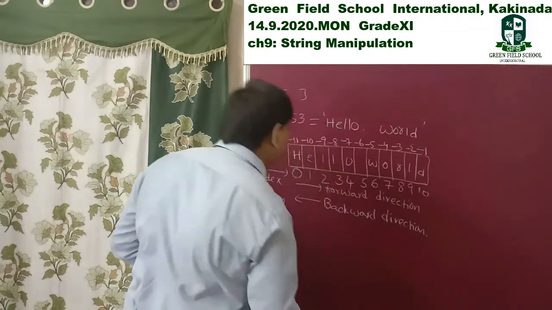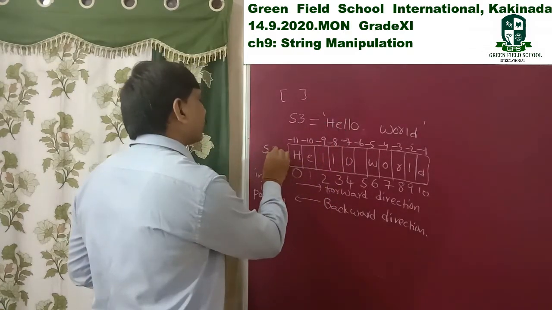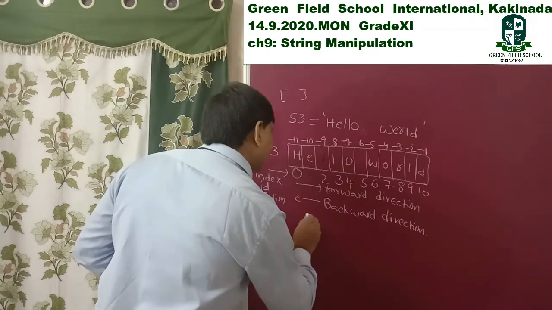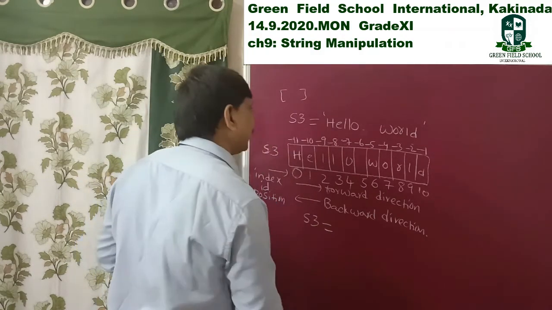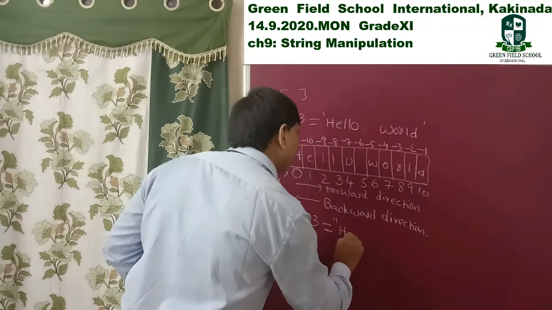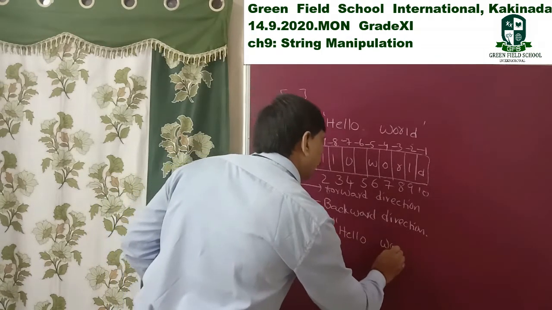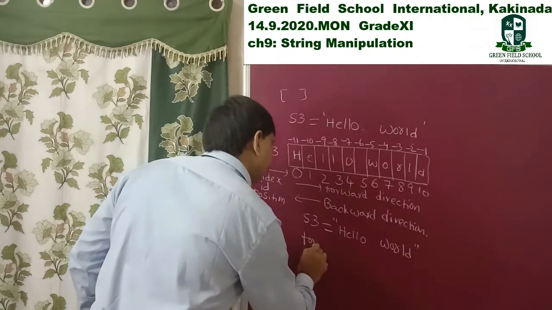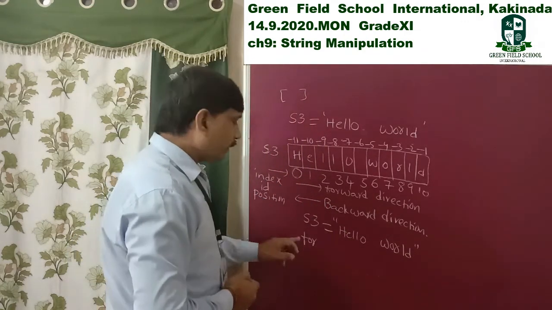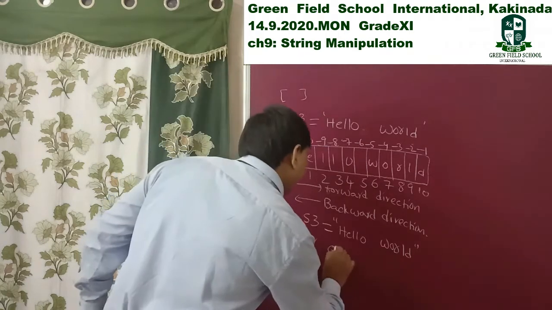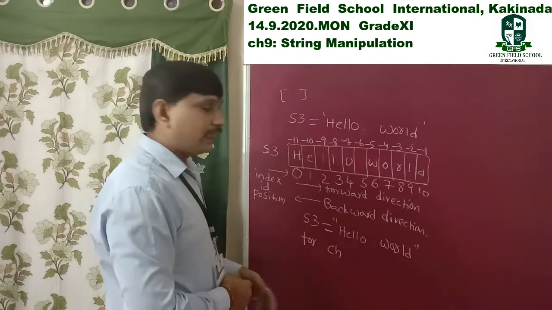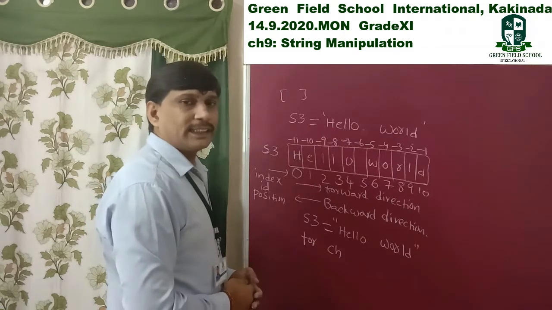I write here S3 is equal to "hello world". Then for loop: for CH, I take one variable CH, the loop control variable, a single character.